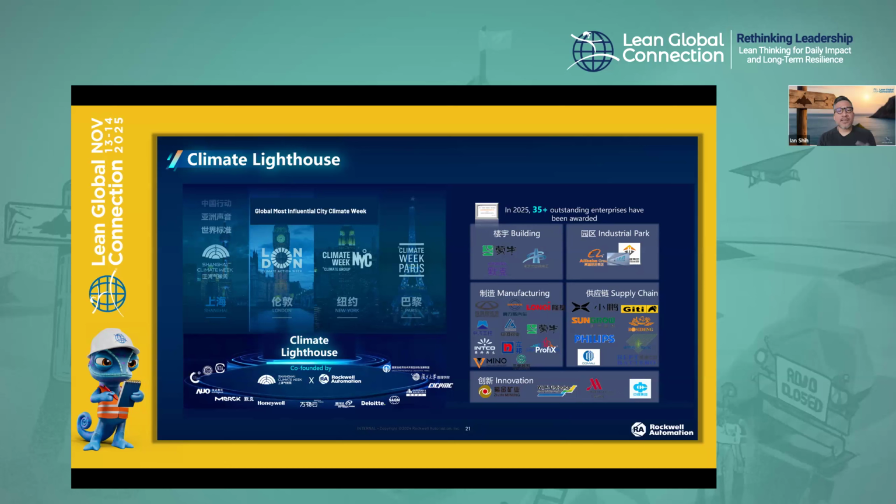So out of all these elements, who are the ones that could be certified as a lighthouse? That means they have to lead the journey. And we have identified in 2025 that we have to be able to quantify more than 66 sub-industries coverage in the climate lighthouse program, because this will be more than 10% of the 666 sub-industries defined by the United Nations.